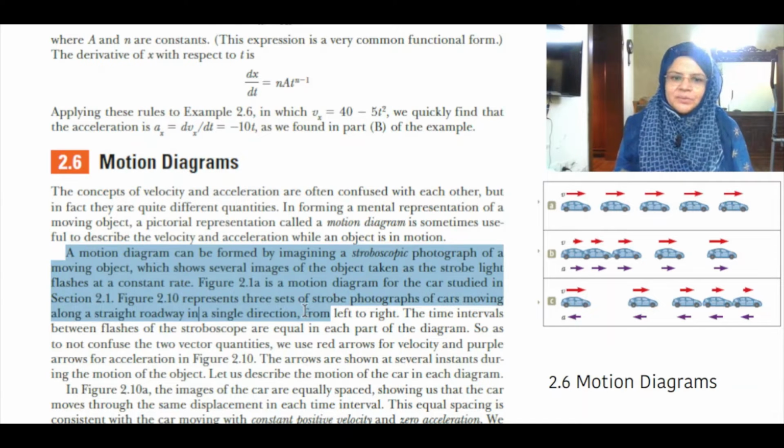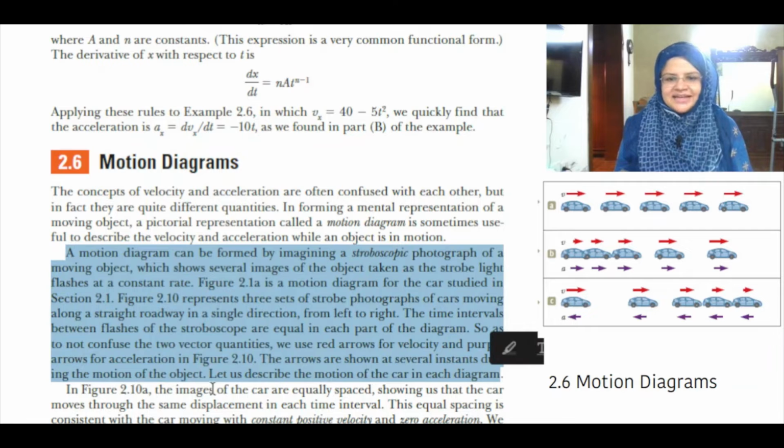The time intervals between the flashes of the stroboscope are equal in each part of the diagram. So as not to confuse two vector quantities, we use a red arrow for velocity and a purple arrow for acceleration in figure 2.10. The arrows are shown at several instants during the motion of the object. Let us describe the motion of the car in each diagram.